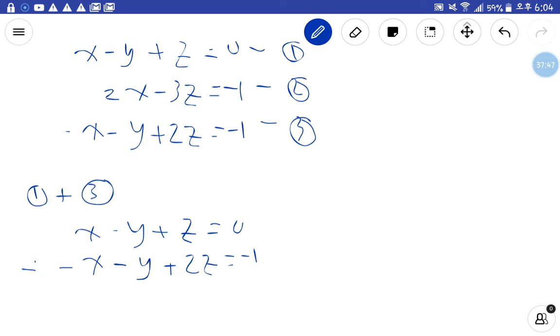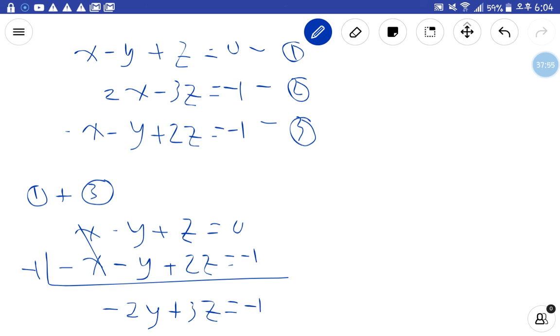If you add them up, you have negative 2y plus 3z equal negative 1. I'm going to replace my third one with it. So the third one will be negative 2y plus 3z equal negative 1.